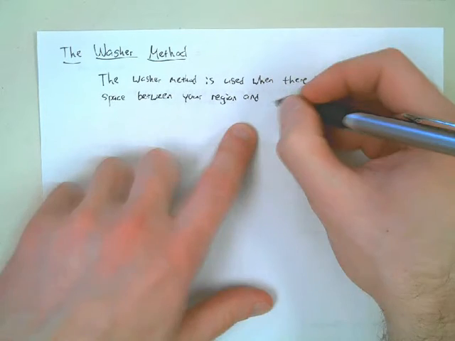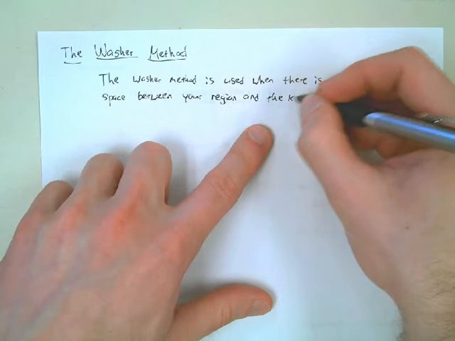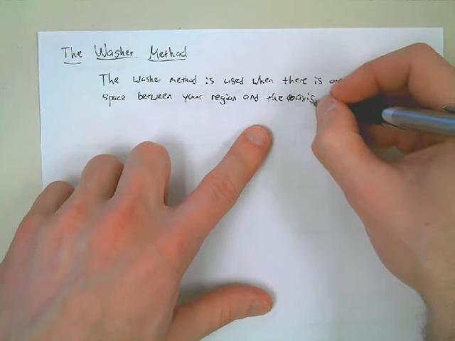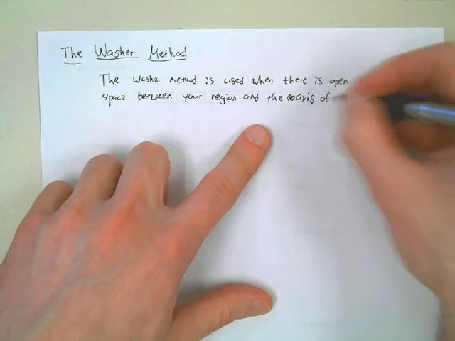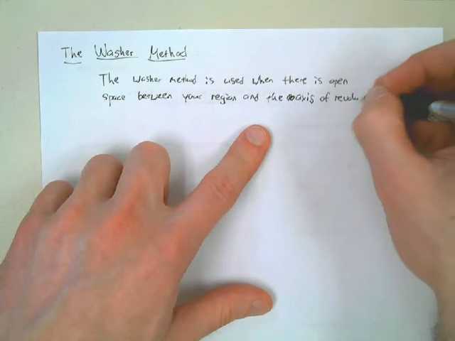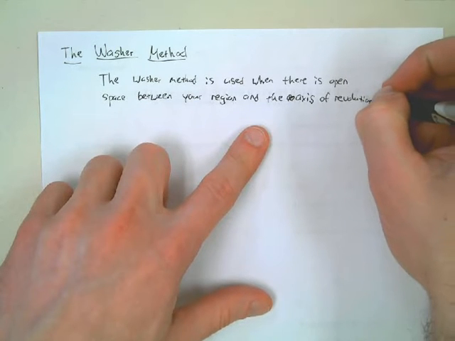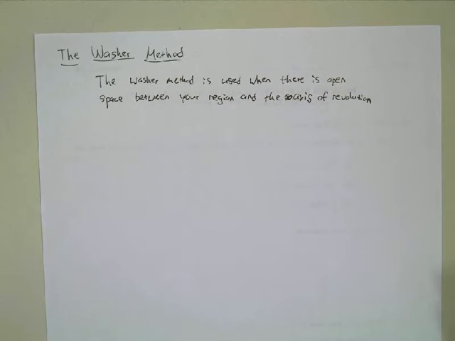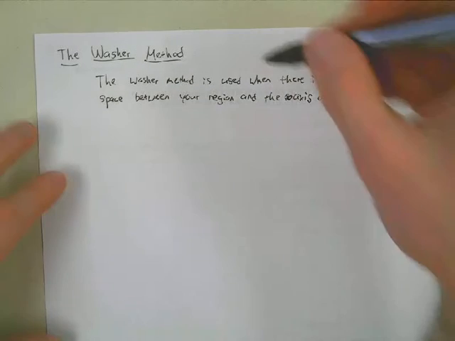Notice all the problems we've done so far, except for the one that I assigned in homework the night before last, have all had the region be exactly flush, butting right up against that axis of revolution. But what if your axis of revolution is removed from that region? When you rotate, it creates a hollow space. Okay? So the washer method is used when there is open space between your region and the axis of revolution.